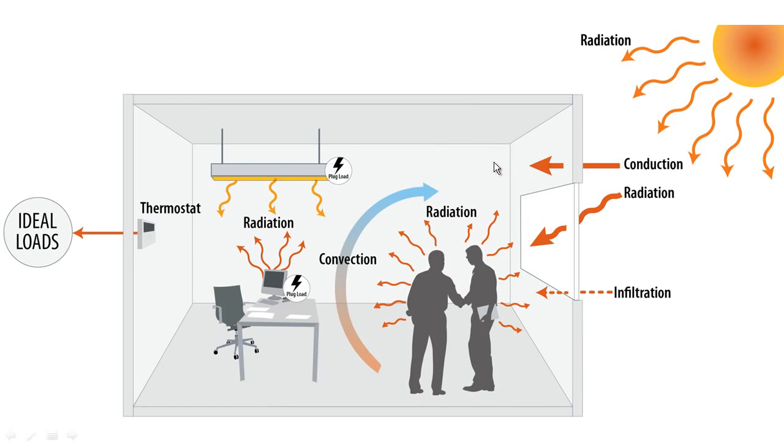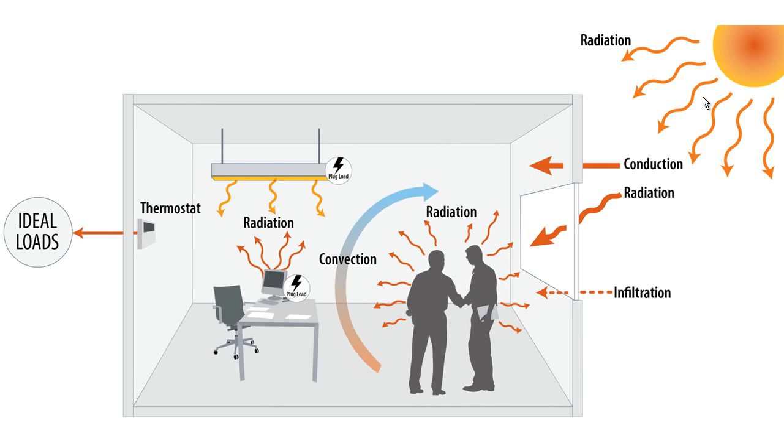We also have infiltration that occurs possibly at an intersection like a window to wall, or just right through the wall itself. And then we have radiation through translucent surfaces. Sunlight has visible and non-visible light, in the infrared direction, and actually even in the visible spectrum there is energy and heat with that radiation.